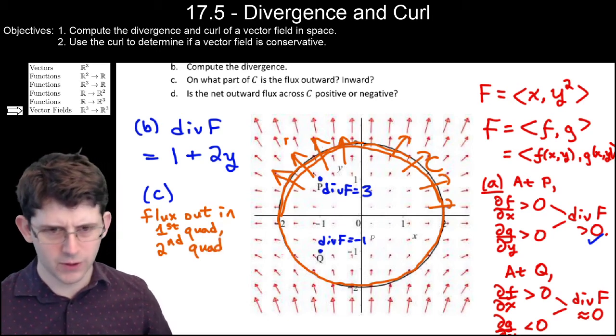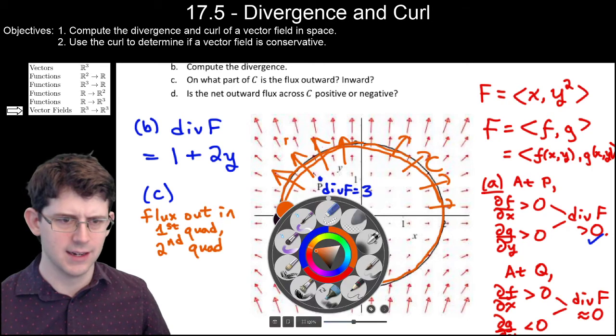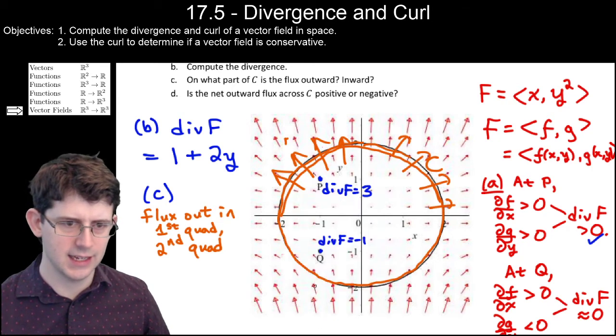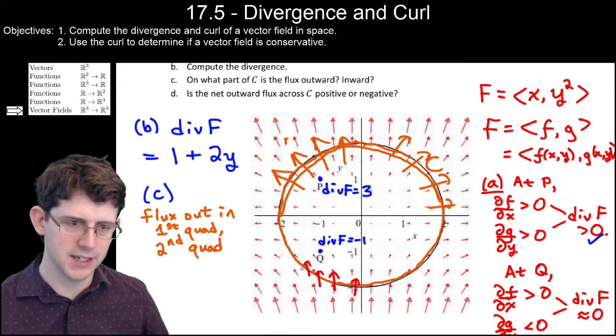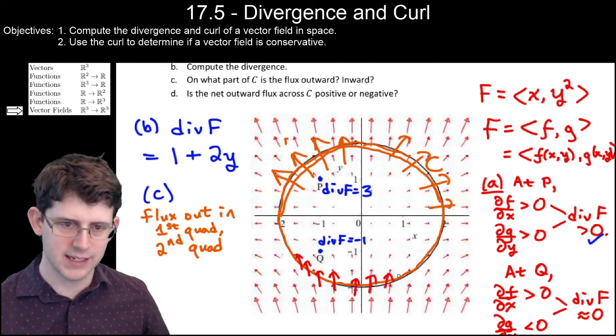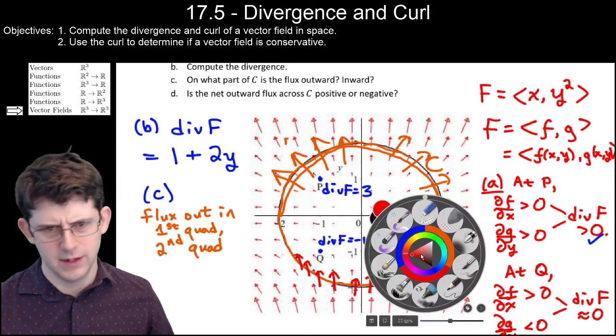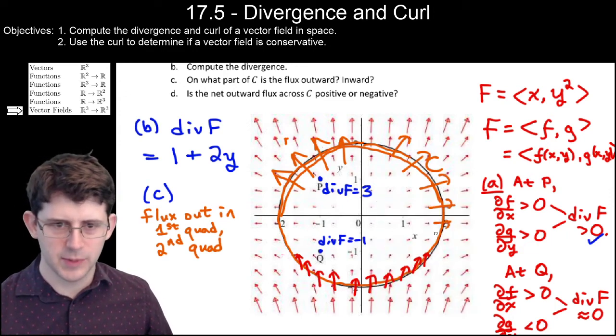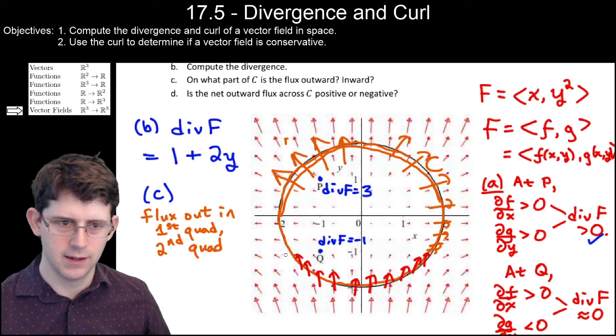In the third and fourth quadrants, it's a little bit less clear. It kind of looks like down here, the flux is inward. And it maybe changes around here. And down here, the flux is definitely inward also. But then it switches again to the flux being outward in these parts.